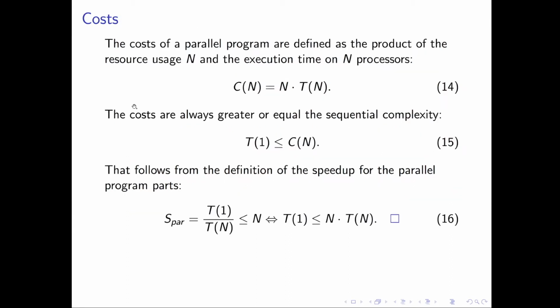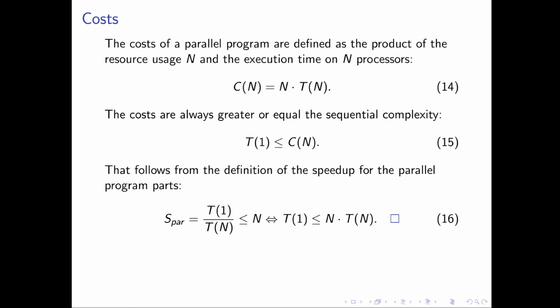Another ratio that is of importance to us is the cost of a parallel program. The cost of a parallel program is defined as the product of the resource usage n, that is the number of processors devoted to the execution of the parallel program, times the execution time of the program on n processors. It's kind of obvious that the costs are always greater or equal to the sequential complexity.